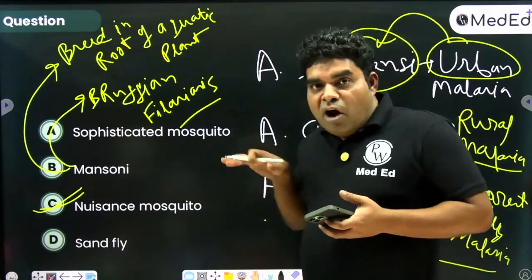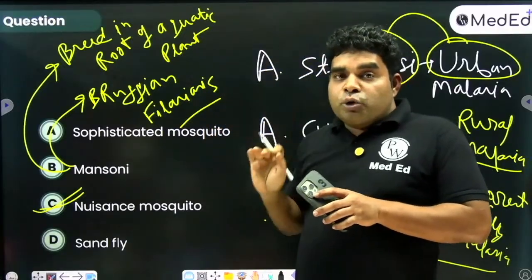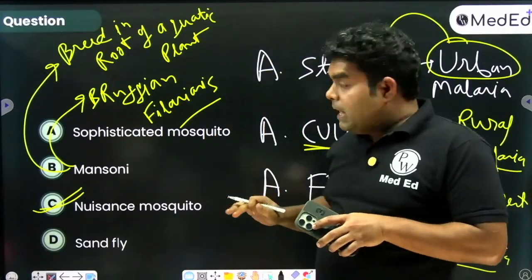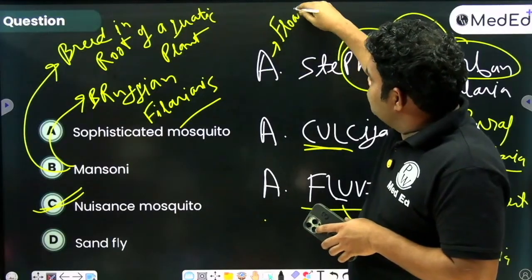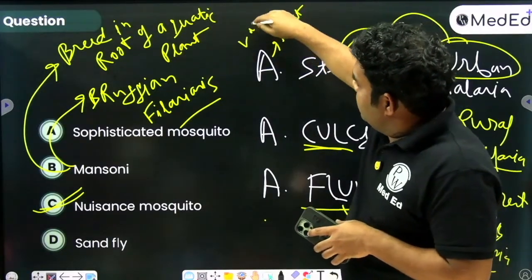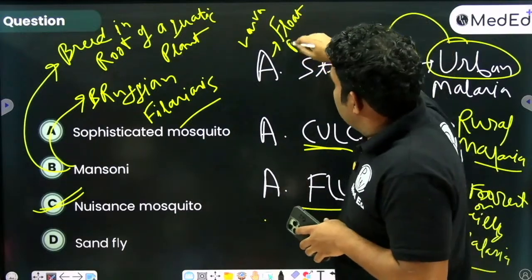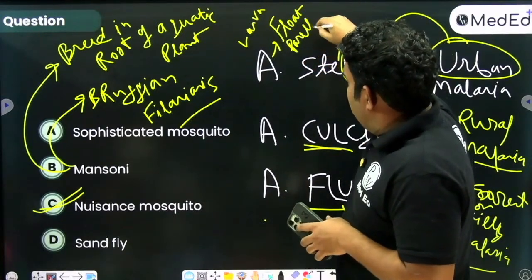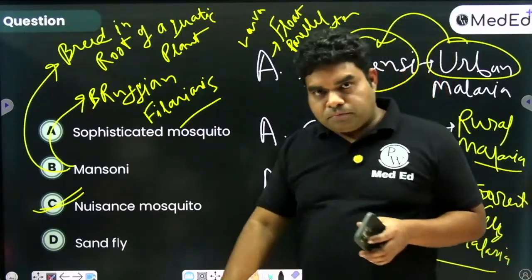Remember, Anopheles larva do not have a breathing tube, so it cannot hang from the water surface. If it is Anopheles larva, it will float parallel to the water surface. Okay, and the water will be clean. So if you find larva floating parallel to water, not hanging from it, that is Anopheles larva.